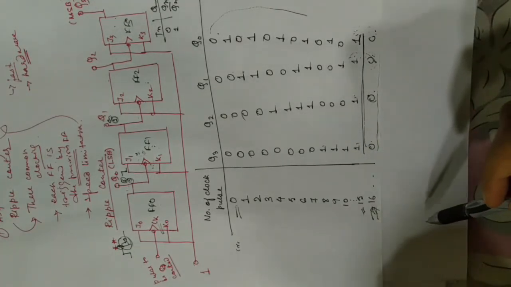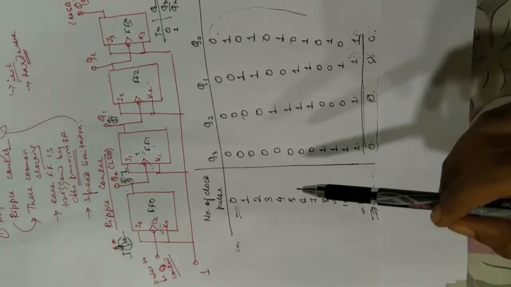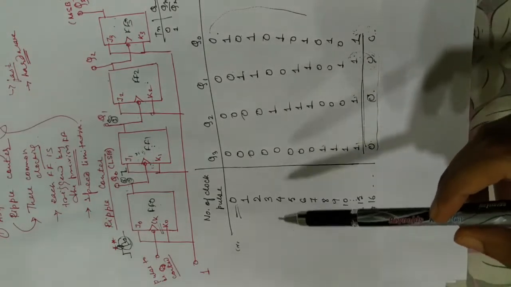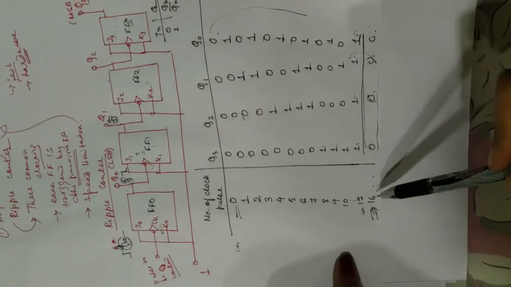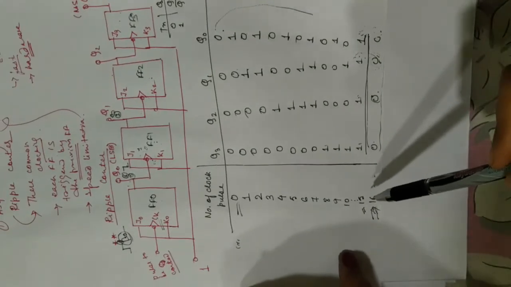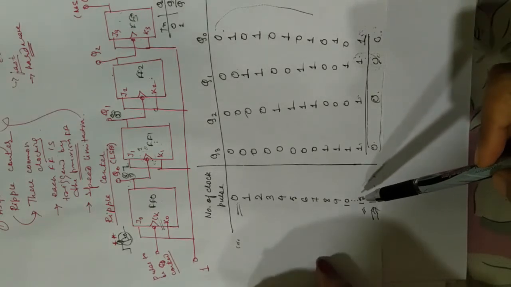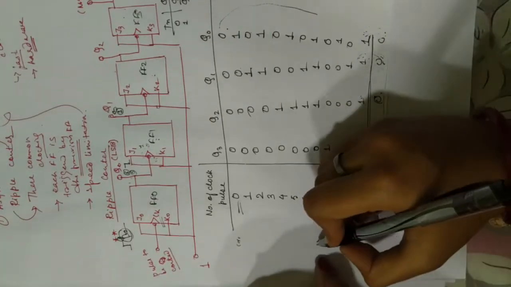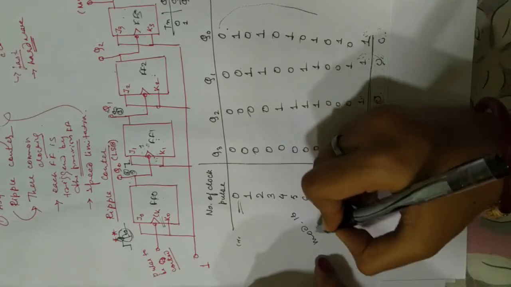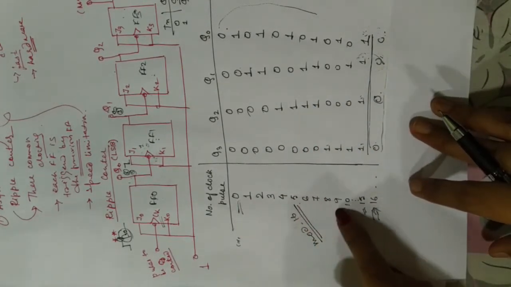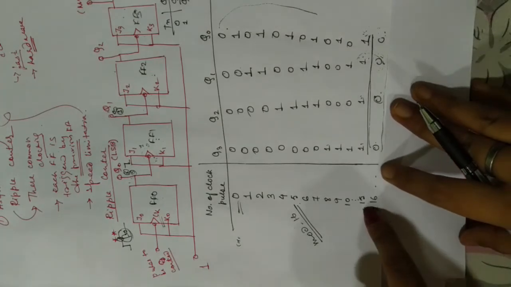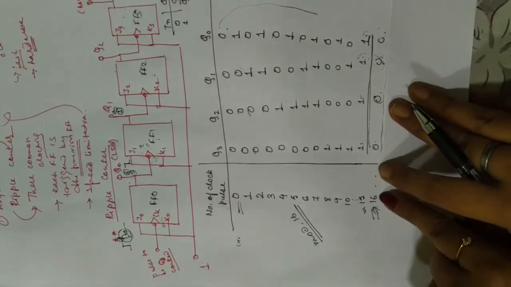So the counter, that is a 4-bit counter, will start afresh after the 16th clock pulse. Okay, so this is called a mod 16 counter. By modulus, what we mean to say is the number of distinct stages a counter passes through before reaching the initial state.